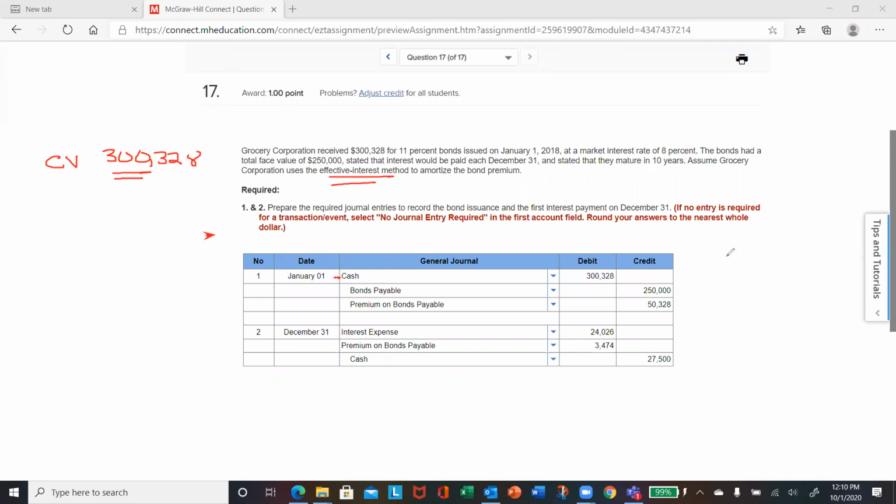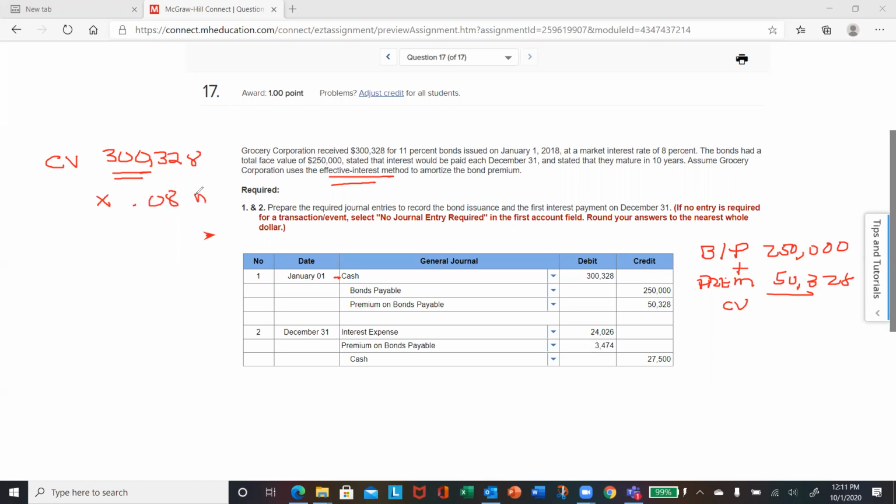Or you could say it's the bonds payable, which is $250, plus the premium on the bond of $50,328. That's how it would be presented, of course, on the balance sheet. So you've got your carrying value, and what you do with that is multiply it by the market rate. The market rate in this case is 8%.